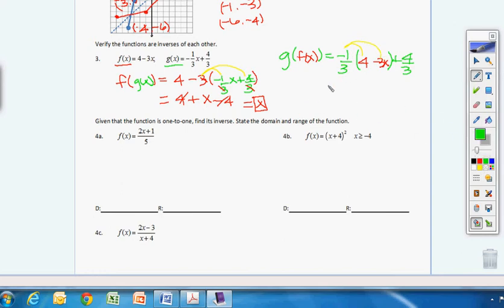So negative 1/3 times 4 will give me a negative 4/3. And then a negative 1/3 times negative 3x, the 3's cancel, and 2 negatives will make a positive, and I'll be left with 1x. And then out here, I have 4/3. So we have a negative and a positive. Those are going to go away, and I will be left with a positive x. So since both of these, when I plug these functions into each other, the outcome is x, yes, these are inverse functions.